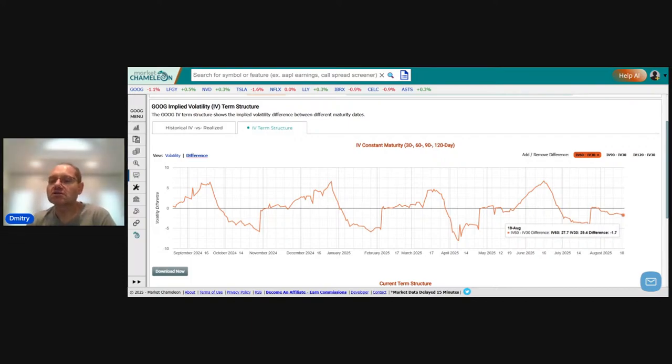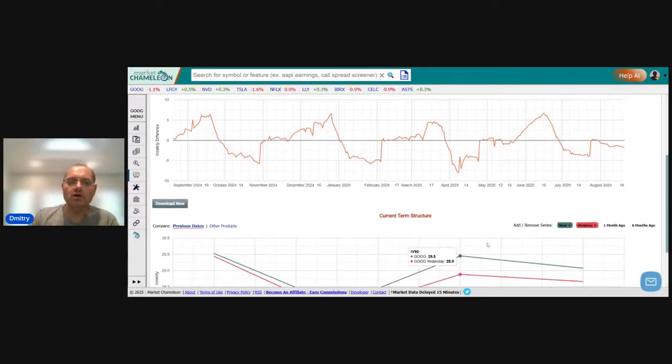Right, so that's the 60-day trading below the 30-day, 1.7. But historically, we've seen that they've diverged by much more. This is now getting closer to the 0 point, and it allows us to make that quick visual assessment of the term structure, the differences between the longer dated and shorter dated maturities.